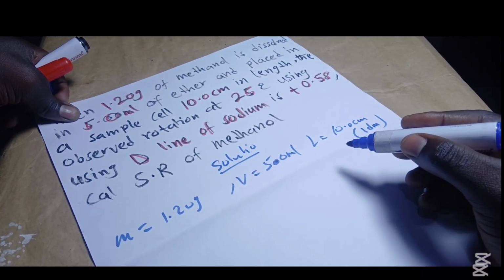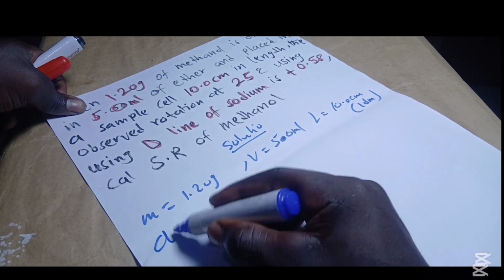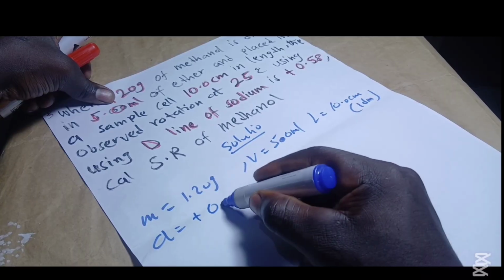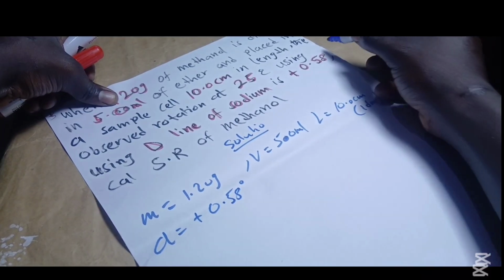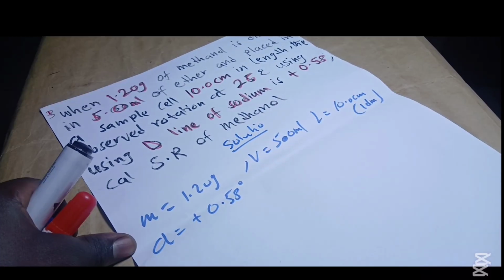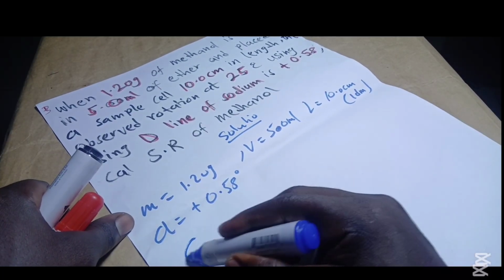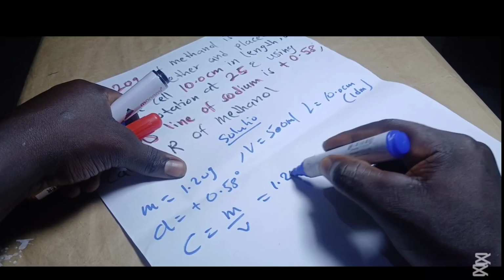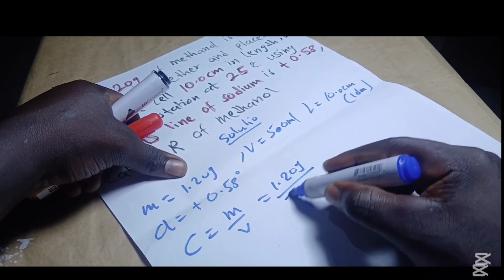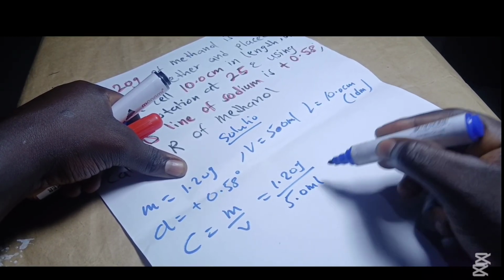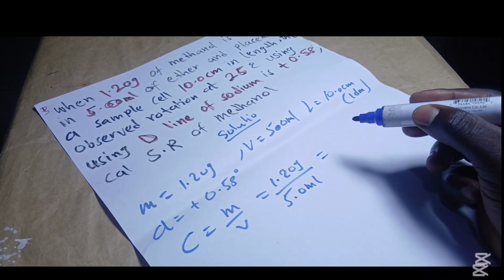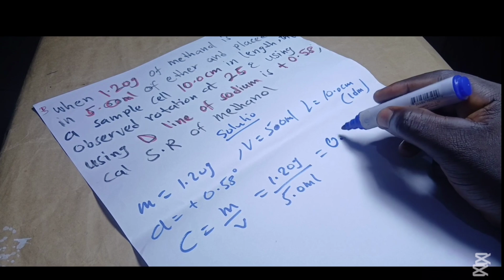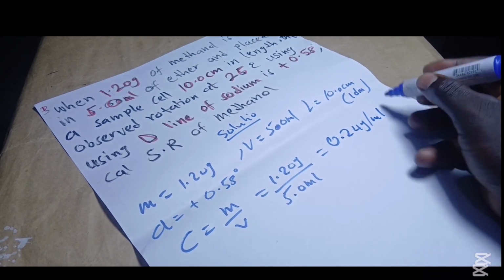And then we have observed rotation given to be plus 0.58 degrees. Now we need to calculate our concentration. C equals M over V, which equals 1.20 grams over V, which is 5.0 ml. This gives us 0.24 grams per ml.